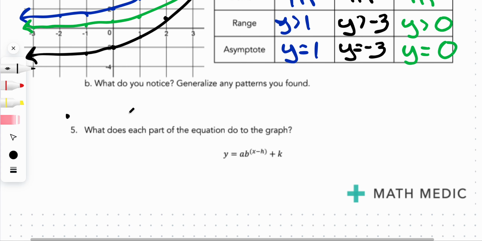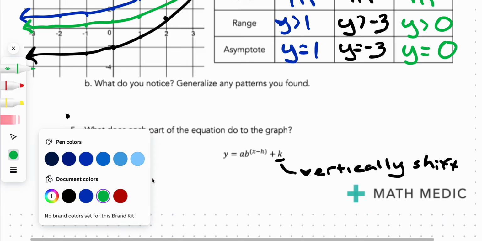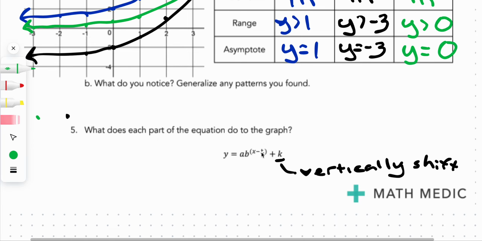Okay, let's see. Here, we just talked about this. Our k value is vertically shifting. Here, we just talked about this h value, horizontal shift.